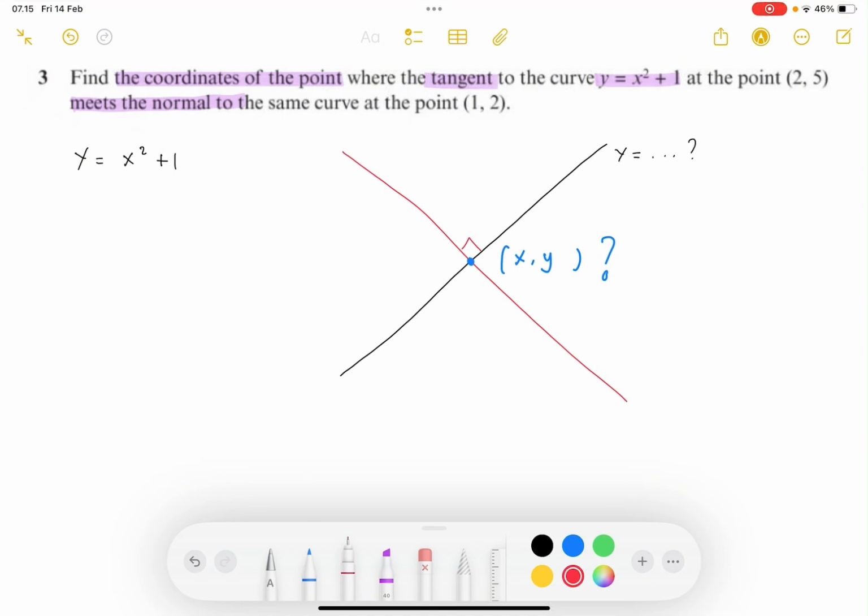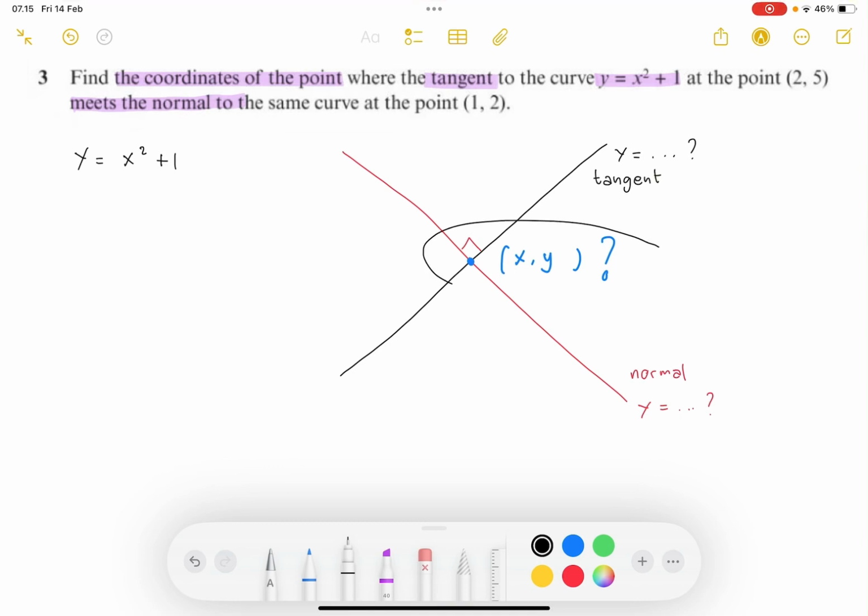We also don't know the equation of the normal. Remember, this is the normal, while this one is the tangent. We don't know both of them.